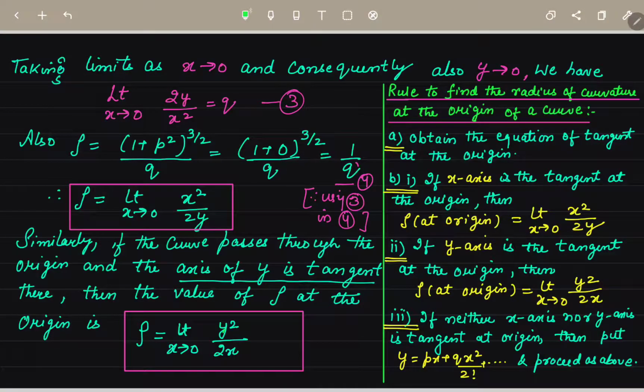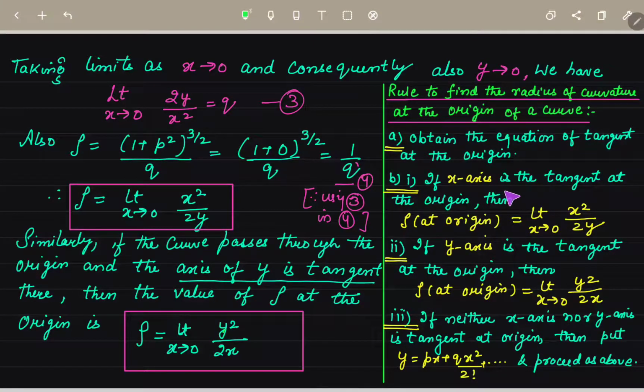Now I will tell you the rule to find the radius of curvature at the origin of a curve for this method, that is, Newton's method. What is the working method? We have to use these steps. First of all, we have to obtain the equation of the tangent at the origin, and we know that for obtaining the equation of the tangent at the origin, we have to equate the lowest degree terms to 0.